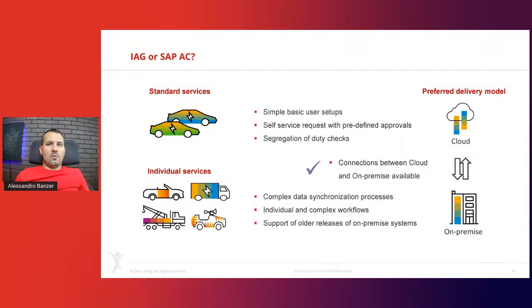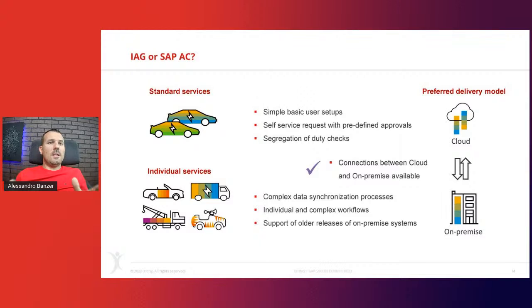And then Access Control, the on-premise application, offers us the flexibility and the ability to customize and build those complex workflows that we need. So all the individualization can happen with Access Control, and IAG is just like a middleware that allows us the connectivity to the cloud. That's how I see it. Again, there might be customers, and I have customers that go with cloud only, with IAG only, but then we're somewhat limited in what we can do.